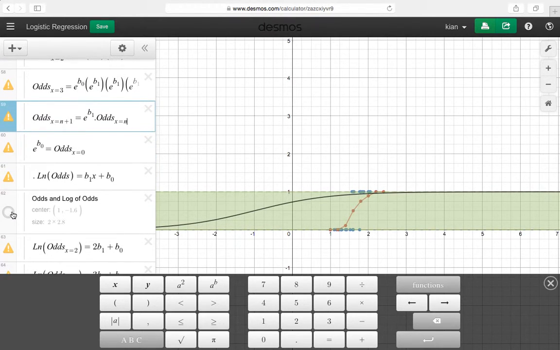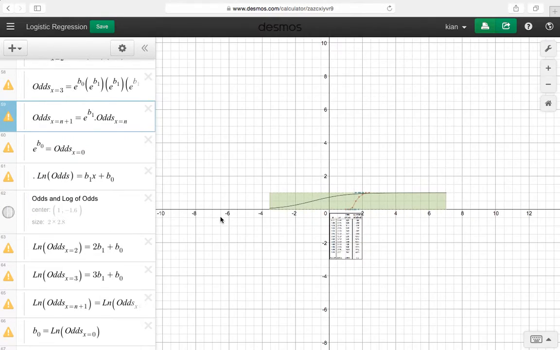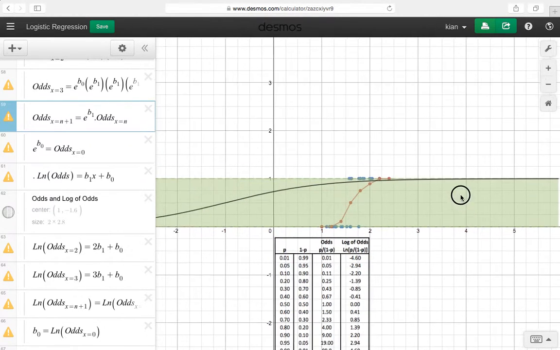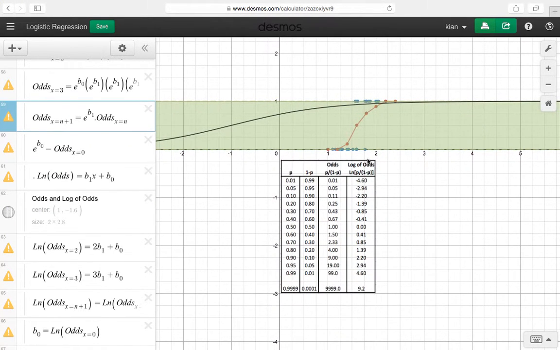So in order to get an understanding, we would go back to our table, but with the addition of one column, namely log of odds. So we remember that for any p, we could calculate 1 minus p, calculate the ratio, and that would be our odds. And then if we take the log of this column, we would be left with log of odds. Now, you remember that this was a critical point.